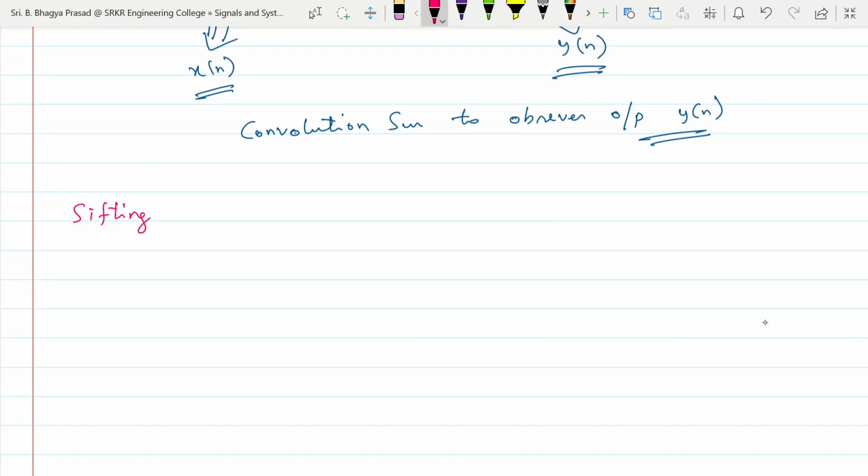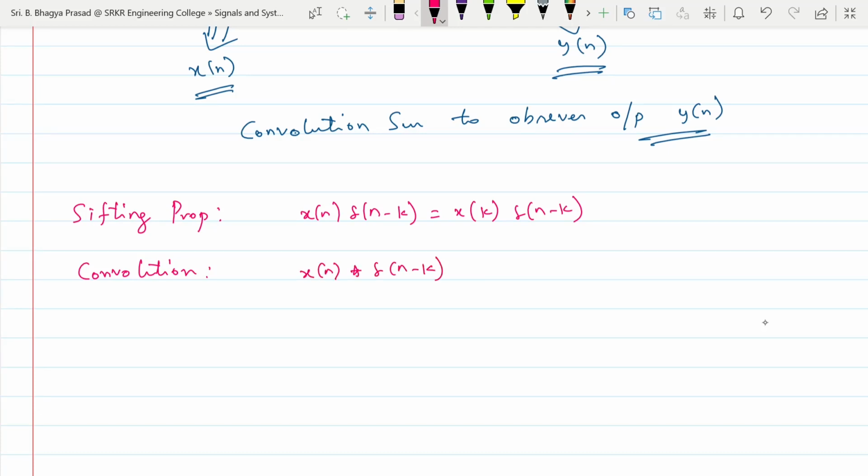So the shifting property is x[n] δ[n-k] equal to x[k] δ[n-k], whereas for convolution, x[n] convolved with δ[n-n0] gives the result x[n-n0].